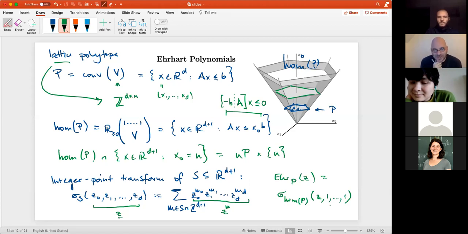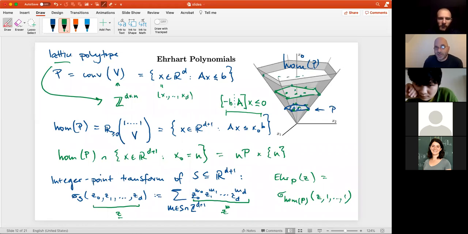If you've never seen this, this is a bit fast, but let me give you a picture anyway. So the Hom of P is this cone that you see a picture of up on top. And so now I make up my generating function in several variables. This generating function just picks up a bunch of integer points here, and here, and here, and so on.